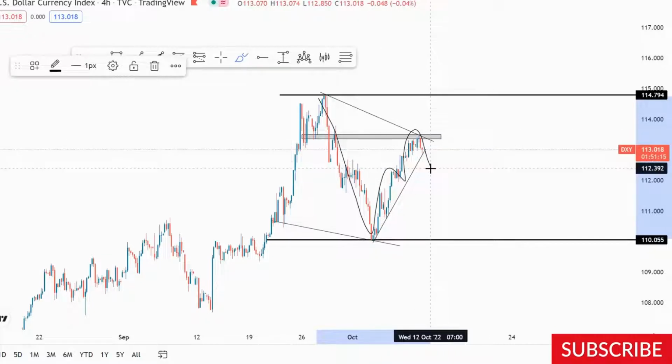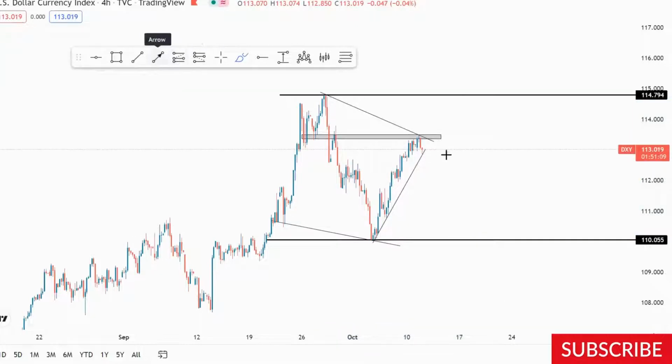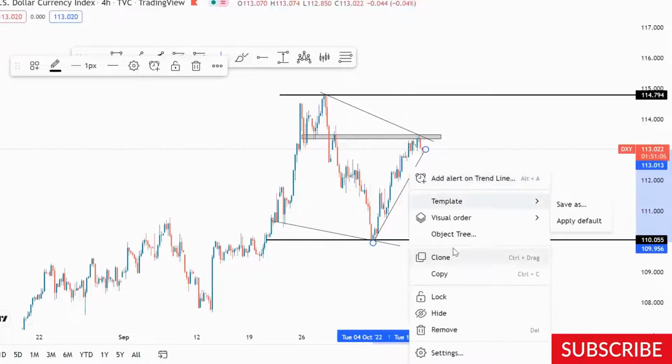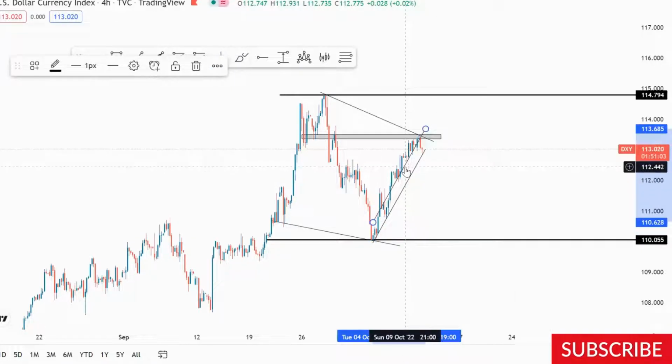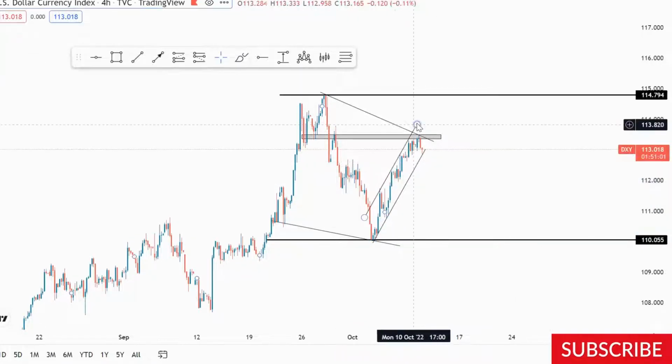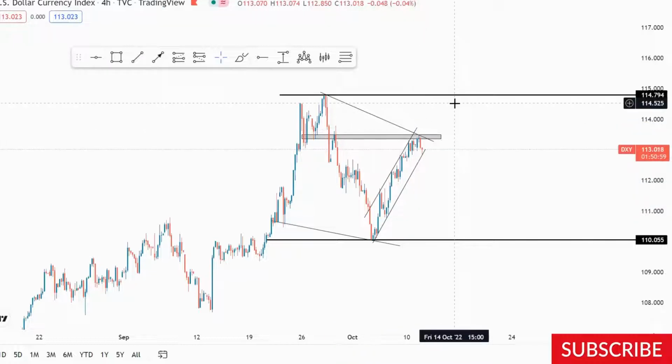So a breakout would be enough to say we might be headed to the downside, right? So let me just draw another trend line there, so everything becomes a little bit clearer, right? So we have that. Okay, so let's drop it now to the 1-hour time frame.